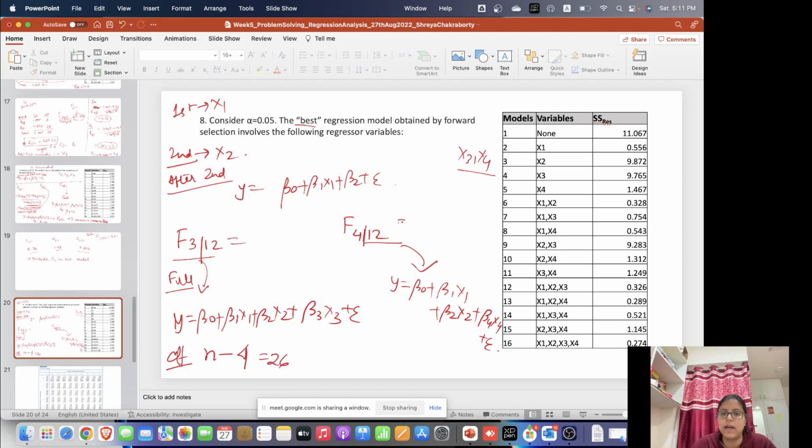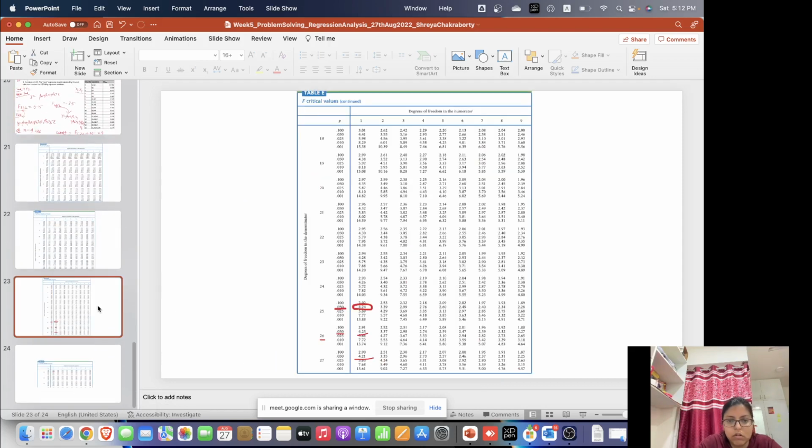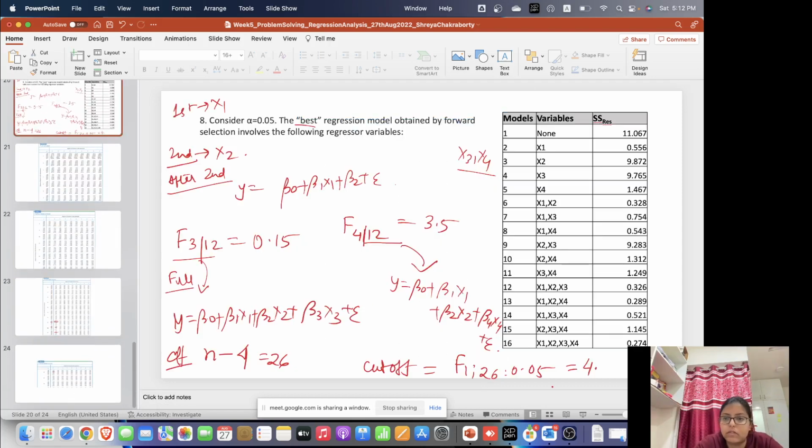We'll just compute these values from the table, and our cutoff would be based on f1 26 0.05. So this would come around 0.15 and this would come around 3.4, 3.5. And the cutoff, if you remember, is 4.23.